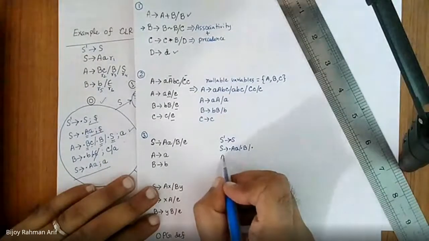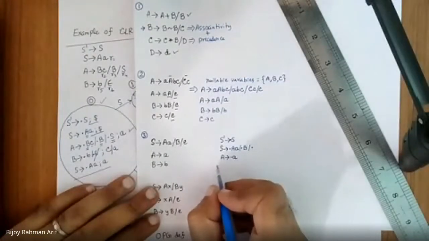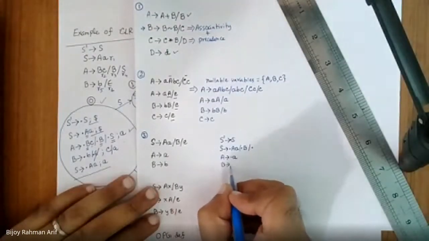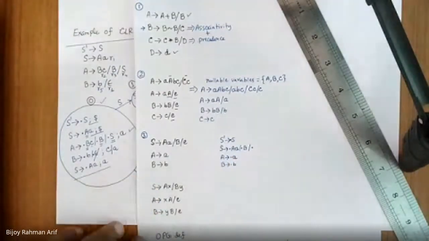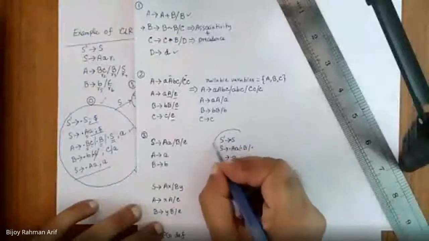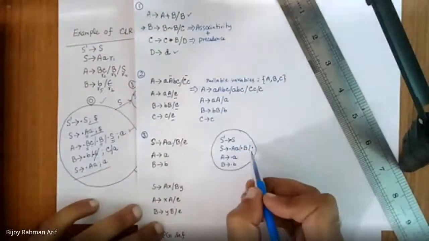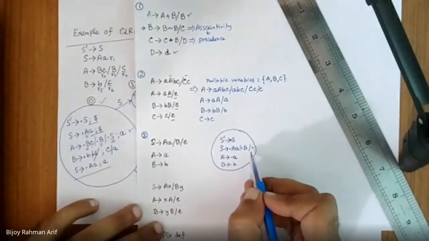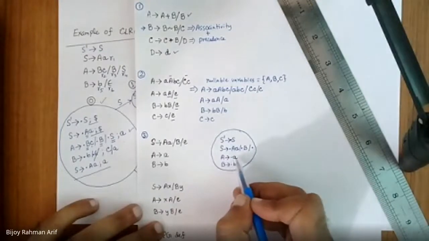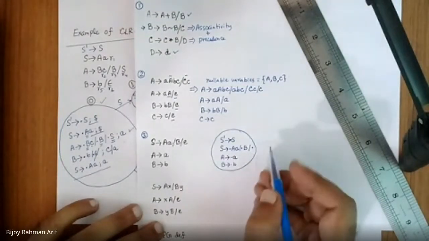A derives dot A small a, B derives dot B. This is the closure. Now there's a final item here because S derives dot. It's a final item, and there is a shift on A and B. So definitely it is not LR0.